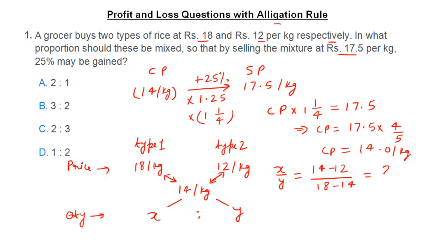This step is important because this is the result of application of the alligation rule. So X is to Y is equal to 14 minus 12 divided by 18 minus 14. This gives me 2 and 4, so 2 by 4, which simplifies to 1 by 2. So these two varieties have to be mixed in the ratio 1 is to 2. We got the answer 1 is to 2, and option D is correct.